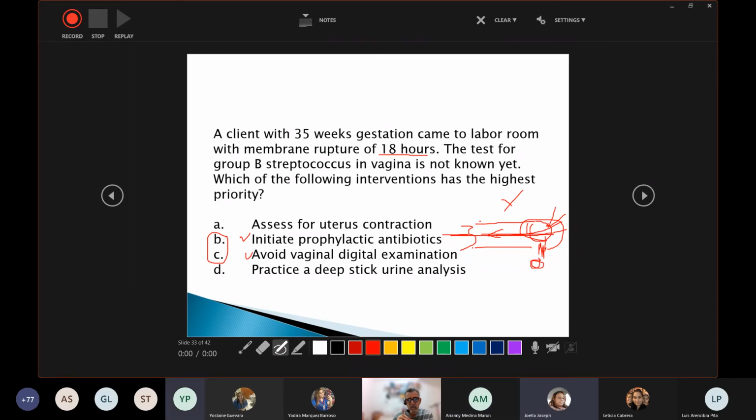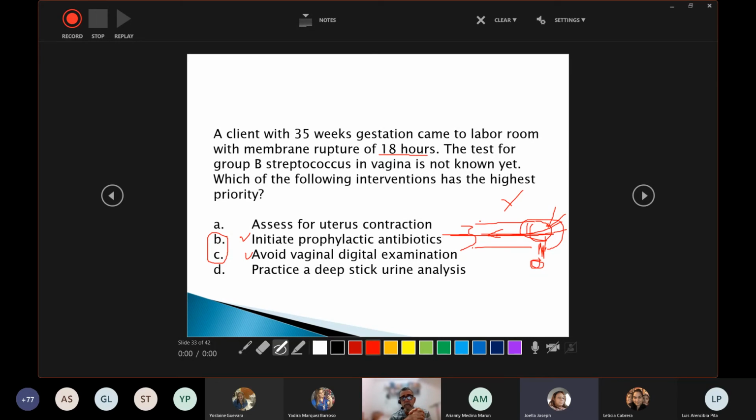No. Prophylactic antibiotics have been demonstrated to decrease the incidence of severe infections like endometritis. Neonatal sepsis cannot be prevented in this way, but at least endometritis in the woman can, in the case of premature rupture of membranes with more than 18 hours of duration.